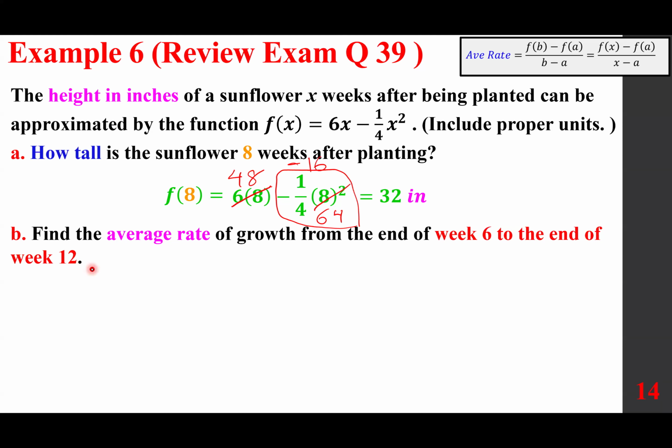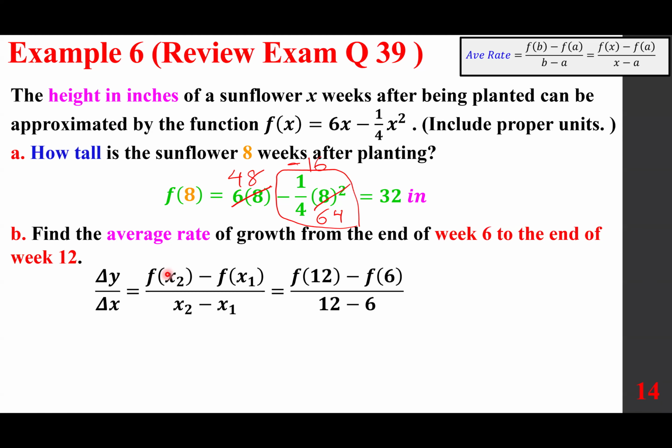That's the average rate of y with respect to x. And in this case, delta y over delta x, because f of x2 minus f of x1 over x2 minus x1, or f of 12 minus f of 6 over 12 minus 6. So I hope everybody pays attention to that and understands that it's really not that big of a deal, and it's just elementary algebra.